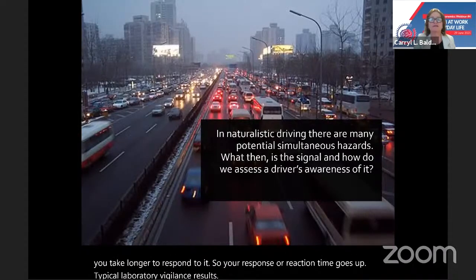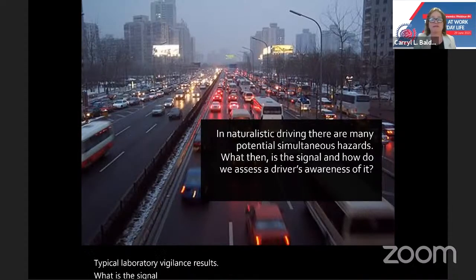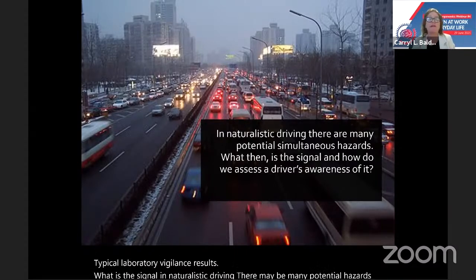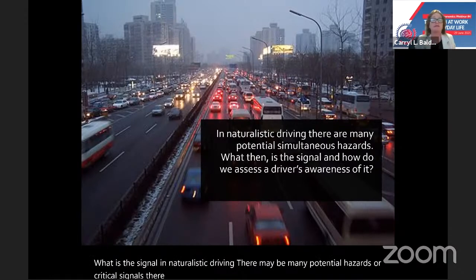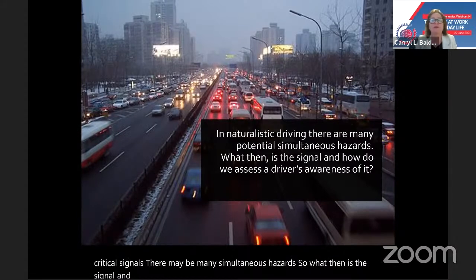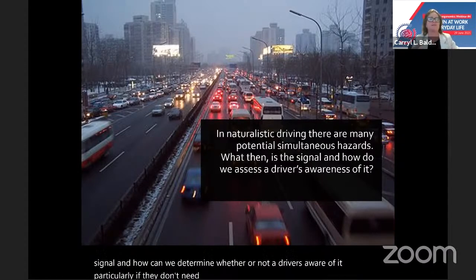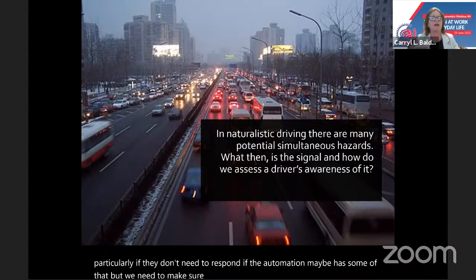What is the signal in naturalistic driving? There may be many potential hazards or critical signals. There may be many simultaneous hazards. So what then is the signal, and how can we determine whether or not a driver is aware of it, particularly if they don't need to respond? The automation maybe has some of that, but we need to make sure that they are monitoring the automation as well as the hazards.